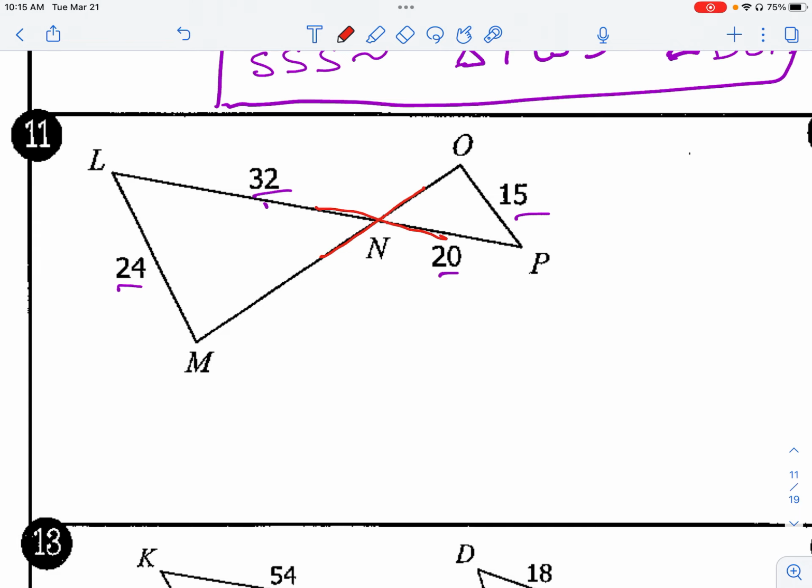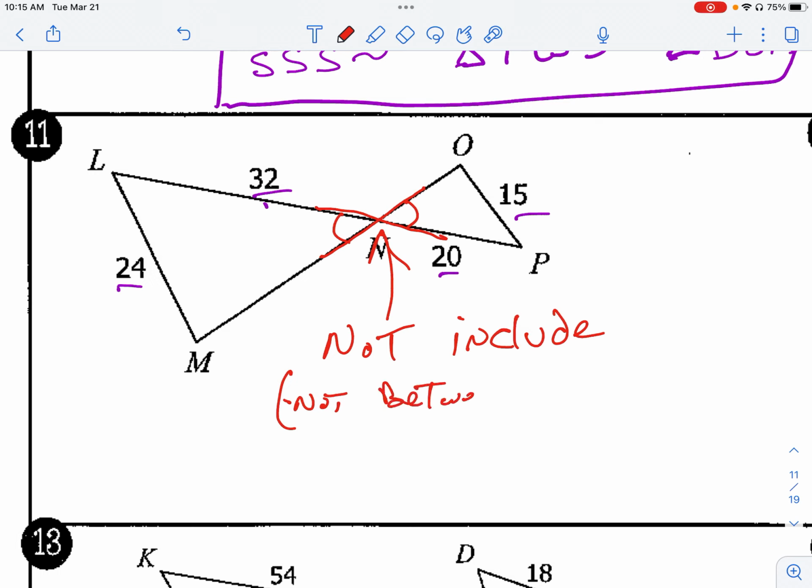But even though these angles are congruent, let's put on the side, it is not included, meaning not between the lines.